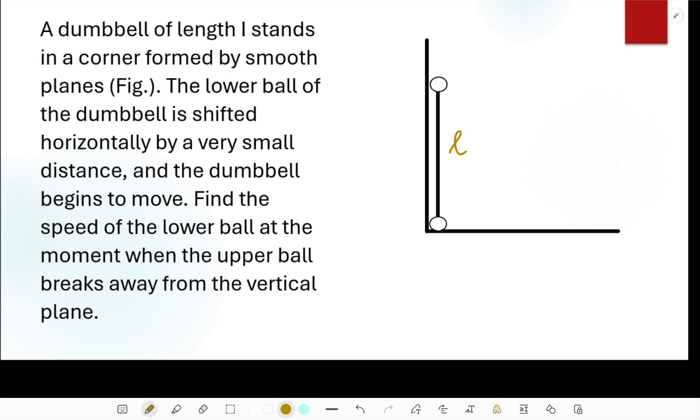And the lower ball of the dumbbell is shifted horizontally by a very small distance, and the dumbbell begins to move. Definitely there is no friction, so they will have no option other than to move. Find the speed of the lower ball at the moment when the upper ball breaks away from the vertical plane.